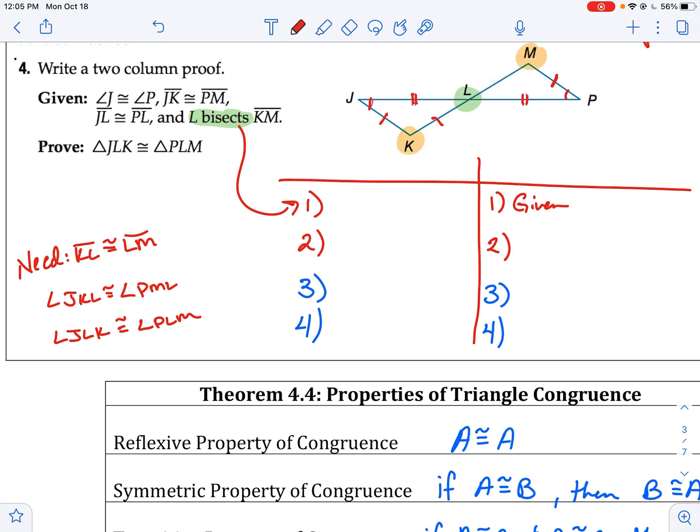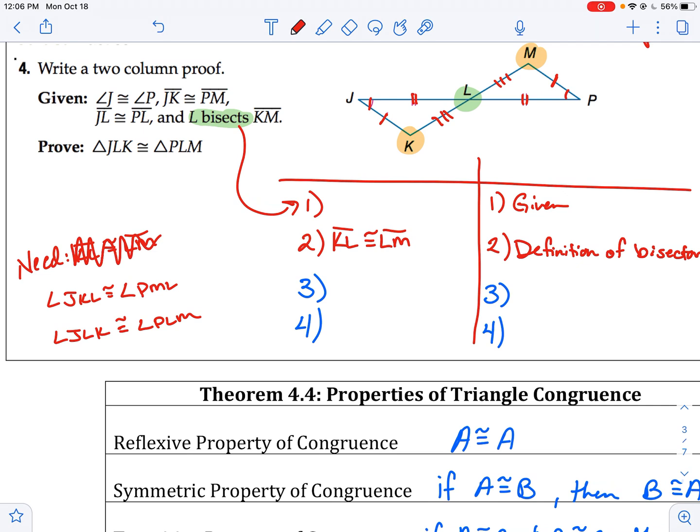That would be KL and LM. So KL is congruent to LM, and why can I say that again? Because that's the definition, that's what it means to bisect a segment. Okay, so that's done.